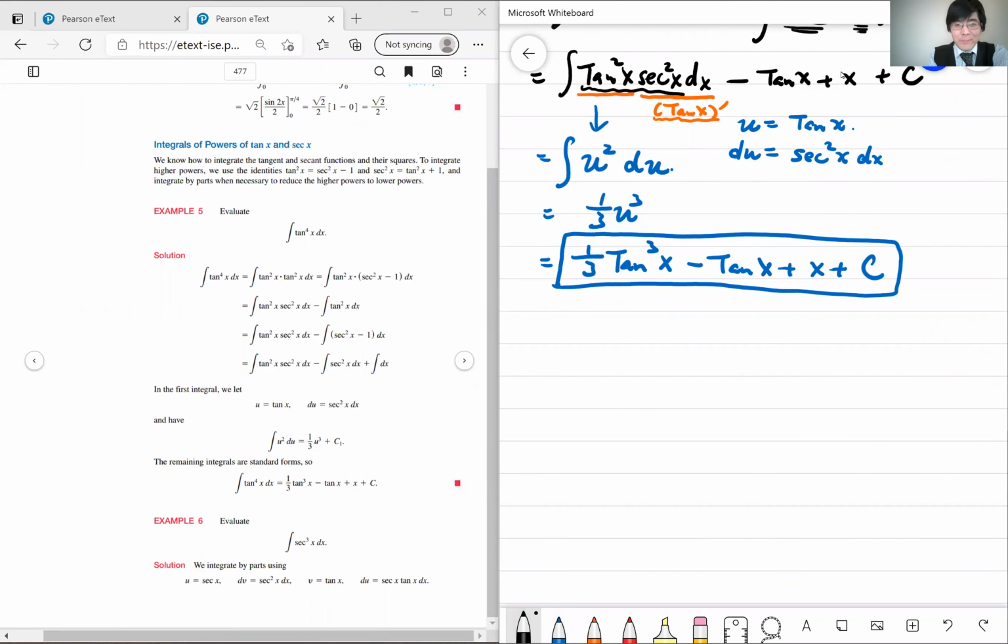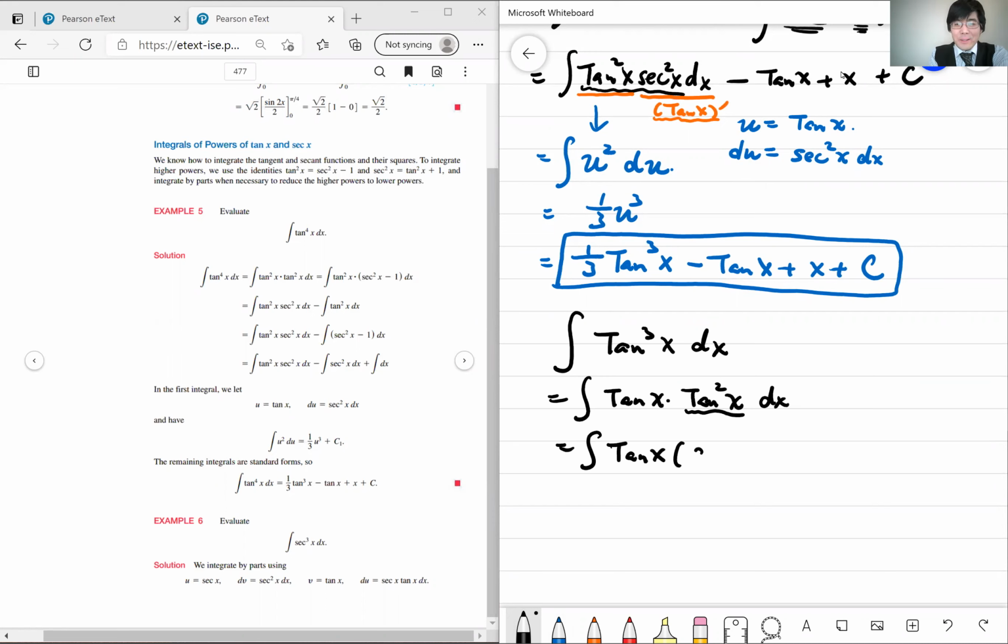Now that was the fourth power, but what if it were the third power? Well, let's split into one tangent and two tangents. This can be written like secant square x minus 1 again.